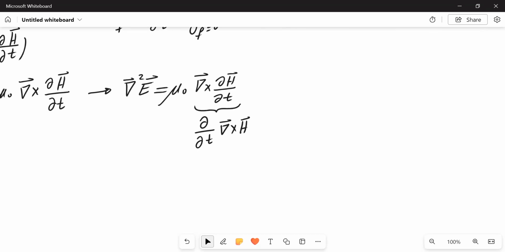So therefore, at the end of the day, Faraday's induction gives me an equation like this: mu naught times the partial time derivative of curl of H.